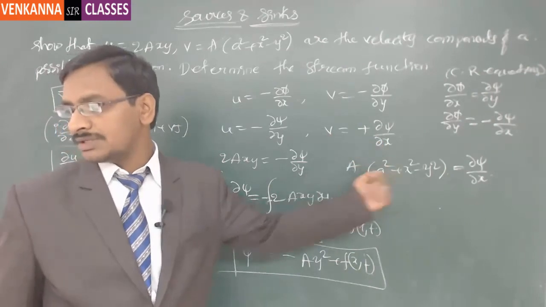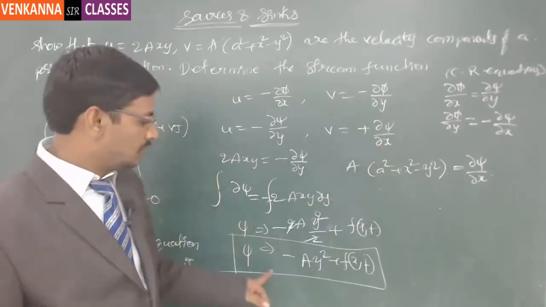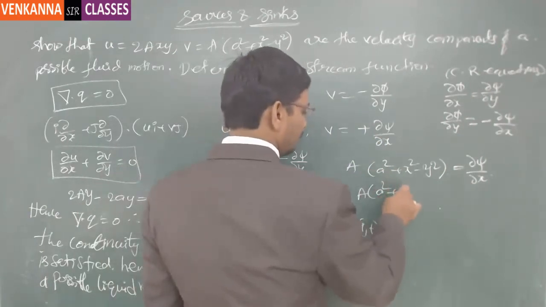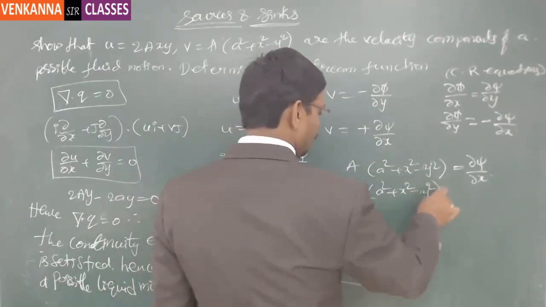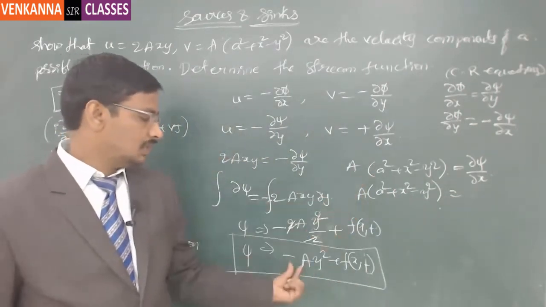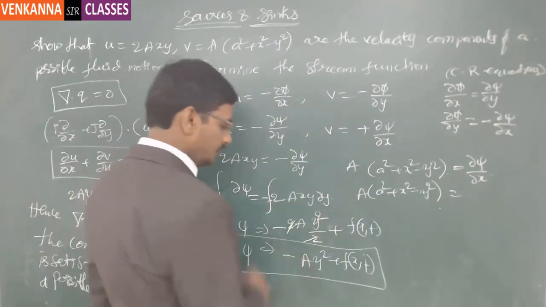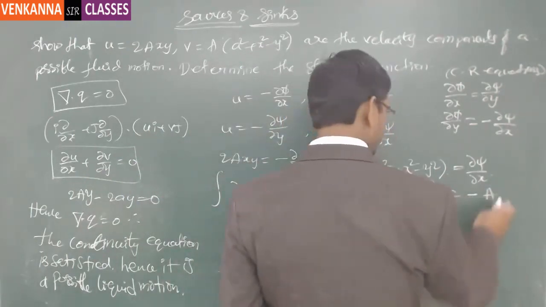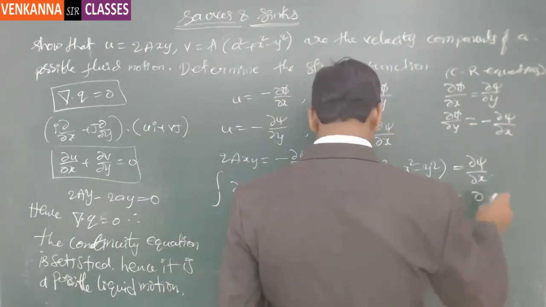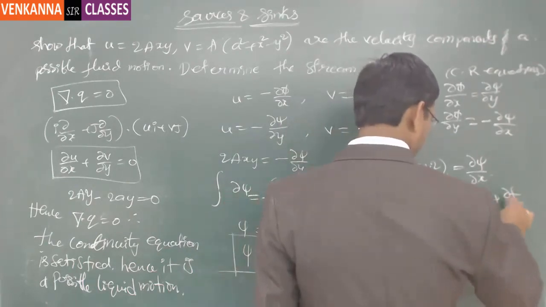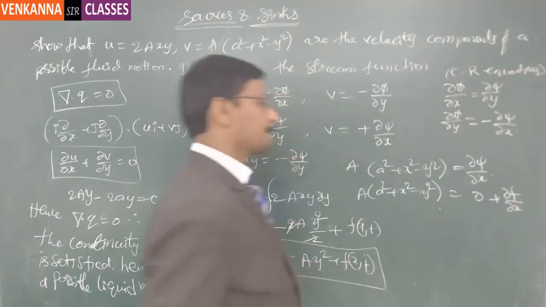We have the other relation, ∂ψ/∂x. So here the left side part is a into a² plus x² minus y². Now the right side part, you know the function ψ, so you can just do the derivative. So this is minus a, with respect to x, so this part will become 0 plus f can be written as ∂f/∂x. Got it?